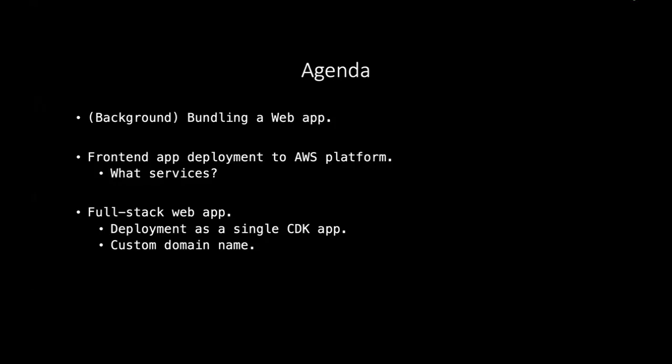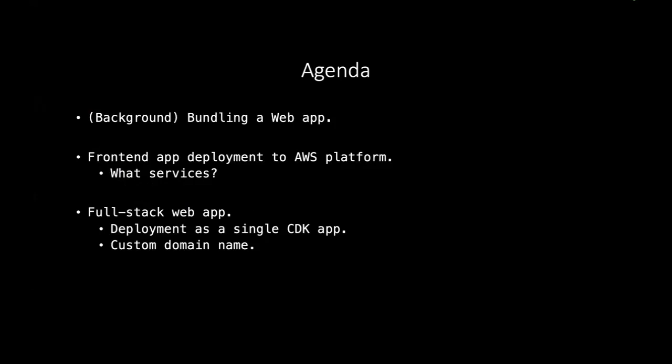And then we'll start looking at the deployment of our React app to the AWS platform. So we want to look at the front-end app deployment to AWS, and we need to know what services are available to us to facilitate that.